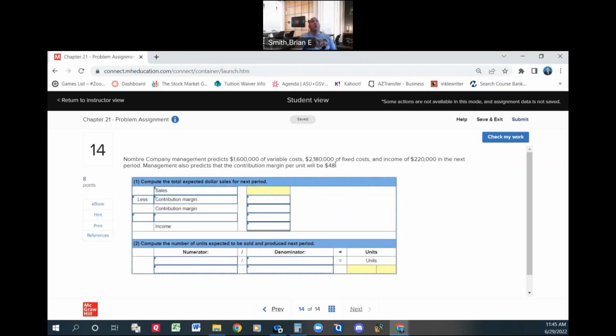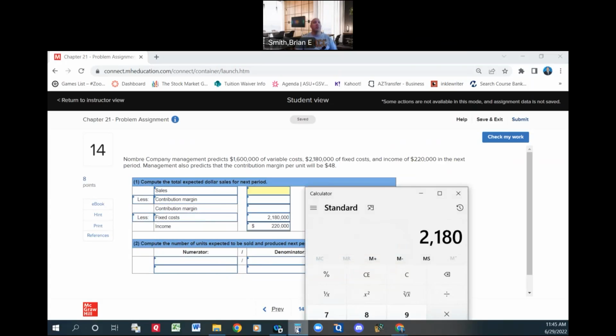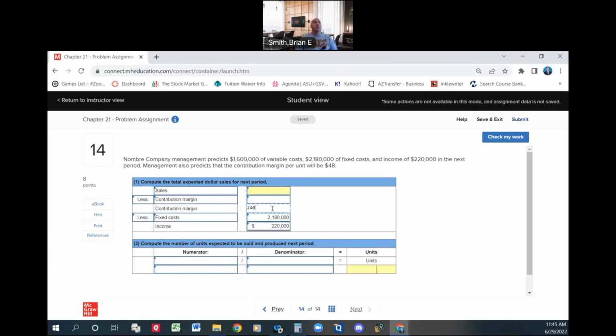All right, since we don't know our selling price nor the number of units, we're definitely doing this on a total basis. We've got to work our way backwards. Income is 220,000. Then we less our fixed costs of 2.18 million. So our contribution margin has to be 2.18 million plus 220,000, which is 2.4 million.